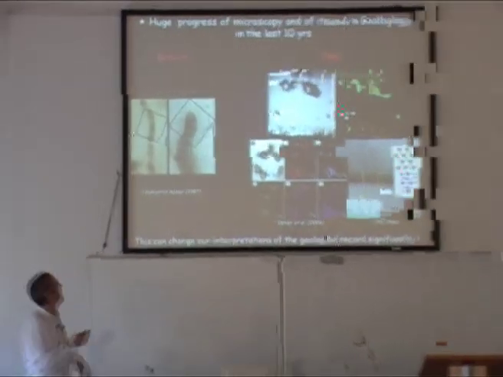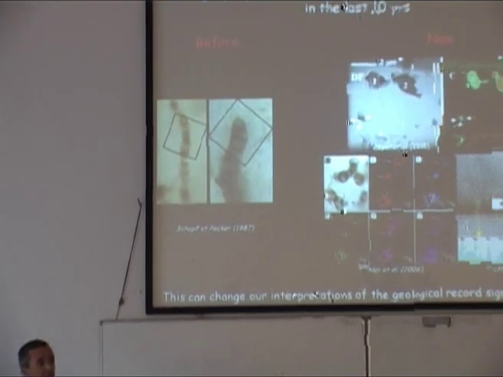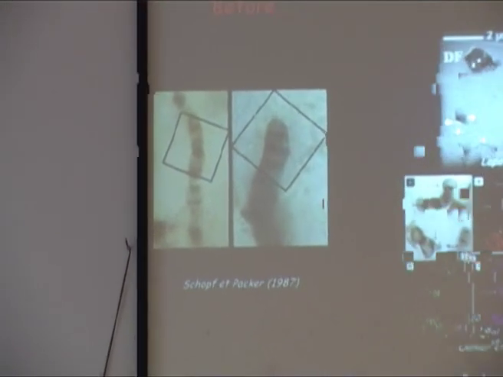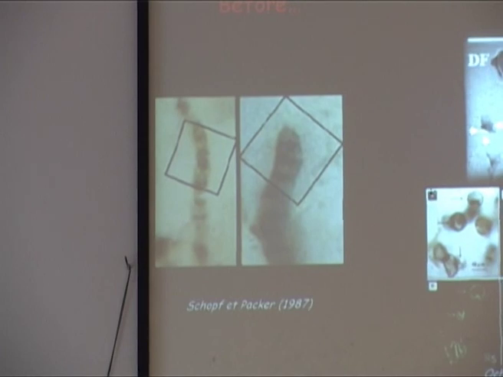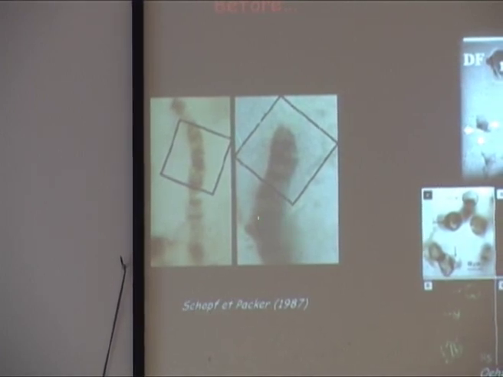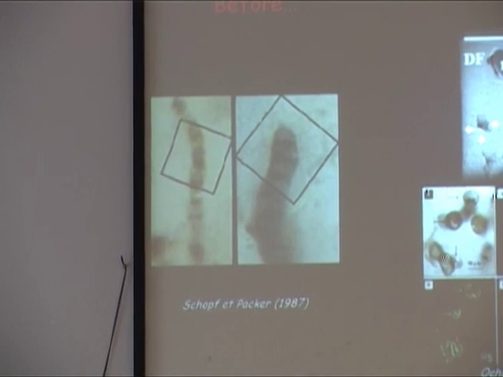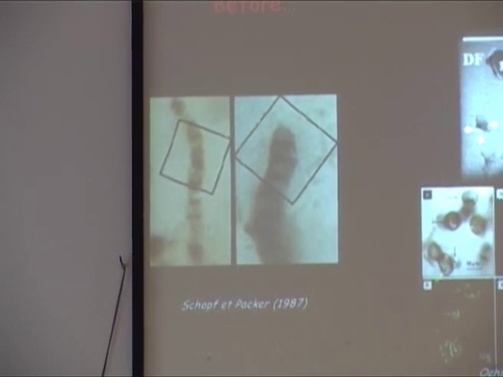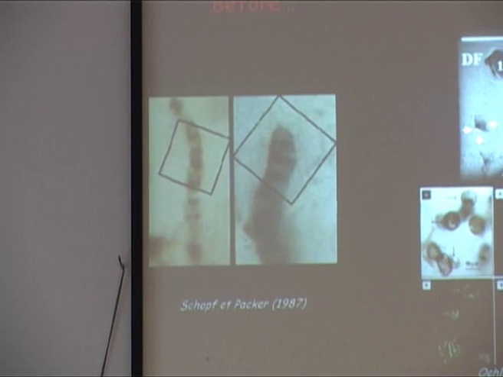And those filaments have been interpreted as the oldest microfossils known on Earth. So they are, okay, light microscopy. And at that time, that was one of the most important techniques that was used to characterize those things.